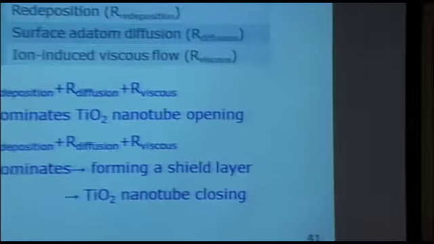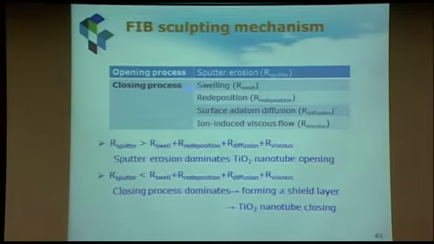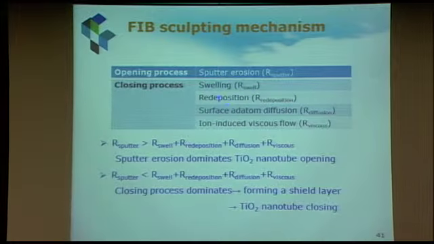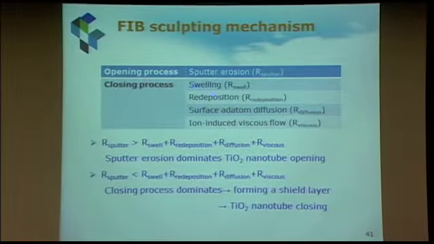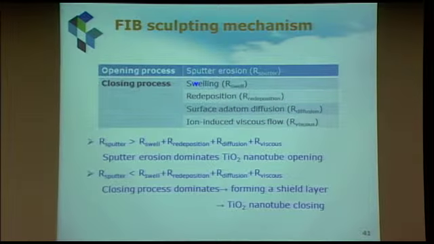I will not go through this. It's a lot of physics involved. Basically, there are two processes. If you use sputter erosion, use high voltage, you're really removing materials. If you actually do low voltage, you actually are closing it, but it's a slow redeposition of the bombarded material, and then there is a swelling process when the material is under the ion beam and the heat.